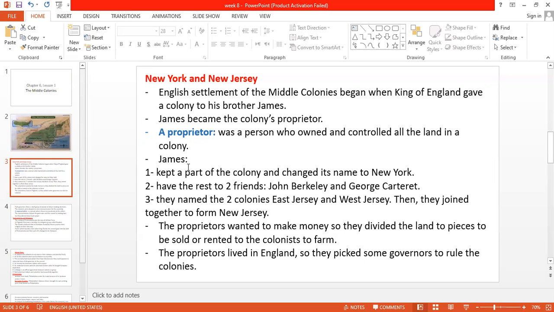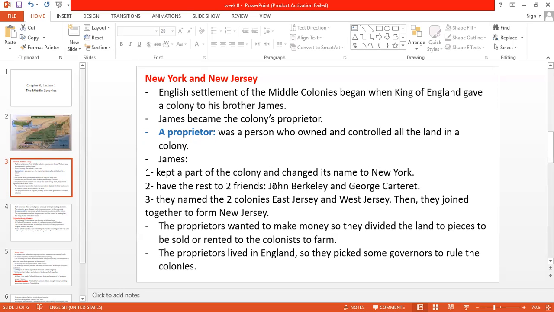So James, what did he do? He took this colony from his brother, the King of England, and divided it into two parts. The first part he called New York. And the second part he gave to two of his friends, John Berkeley and George Carter.